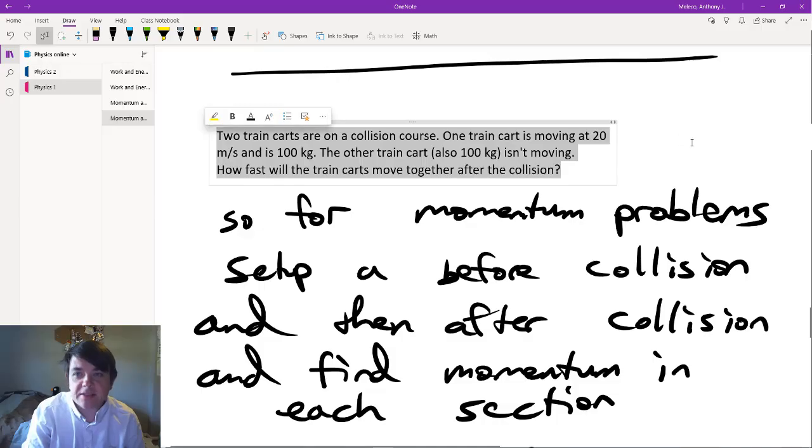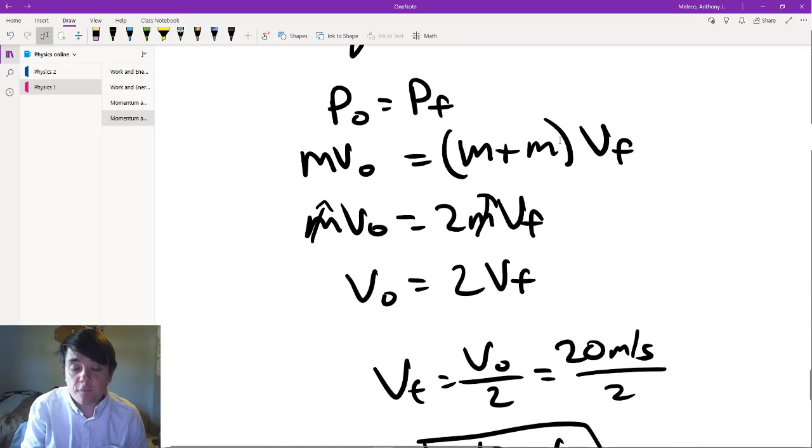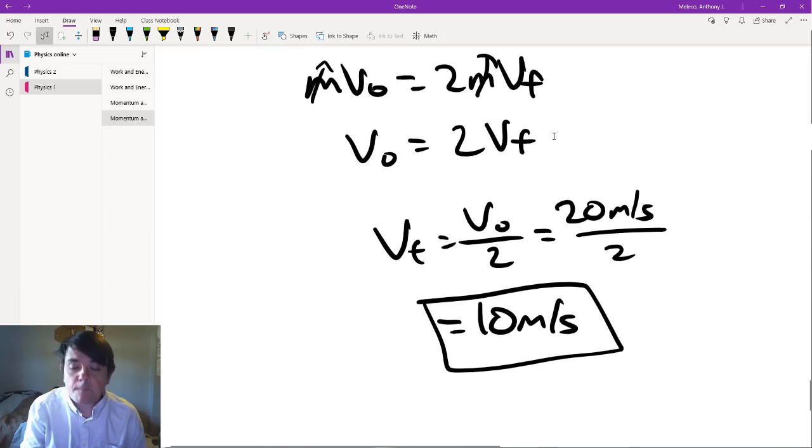Unless you're explicitly told that it's elastic, like you have 2 rubber balls, or there's some hint that it's an elastic collision, don't treat it as an elastic collision. Treat it always, baseline, as an inelastic collision, unless you have reason to believe that it's elastic. In other words, we're not going to conserve kinetic energy here, but you can always conserve momentum. So you always want to start with that as your baseline, okay?